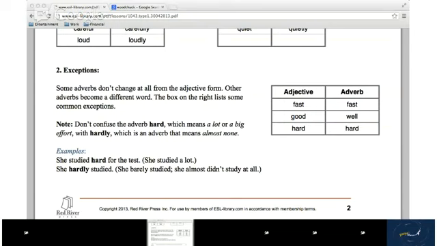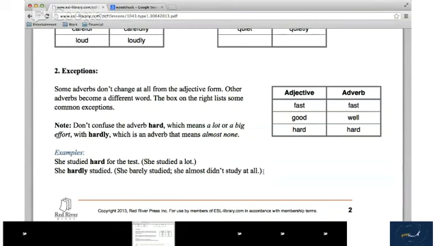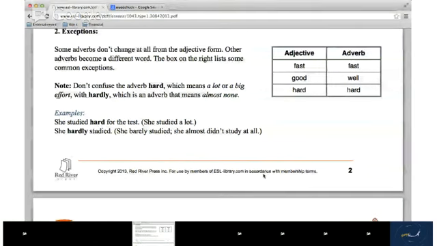Examples: she studied hard for the test. She studied a lot. She hardly studied. She barely studied. She almost didn't study at all. Adjective fast, adverb fast; good and well; and hard.